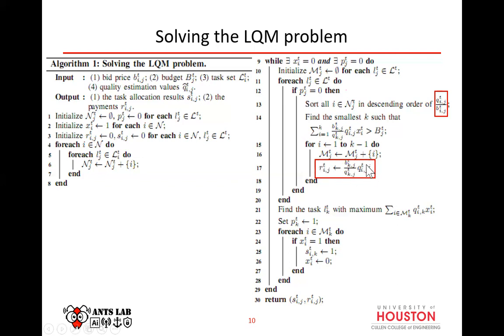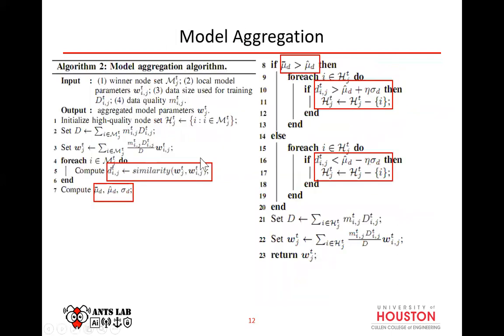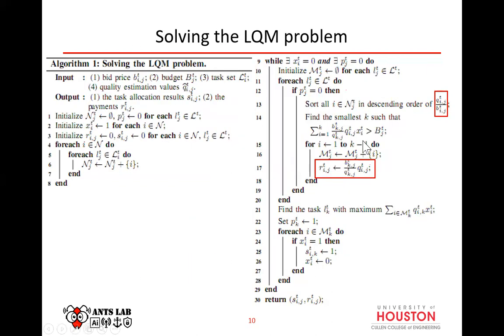Yeah, this depends on the smallest k, which depends on the biggest bid price. I believe this is a sequential process, right? First of all, you need to determine the winner node set for this round.